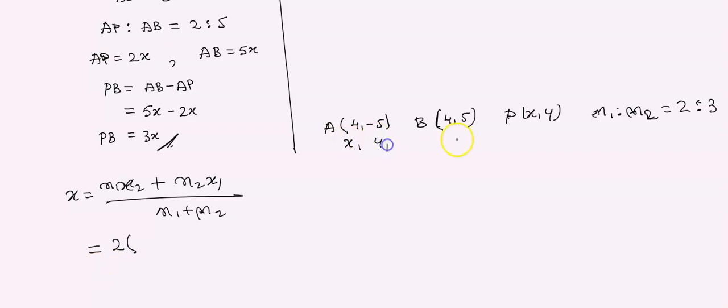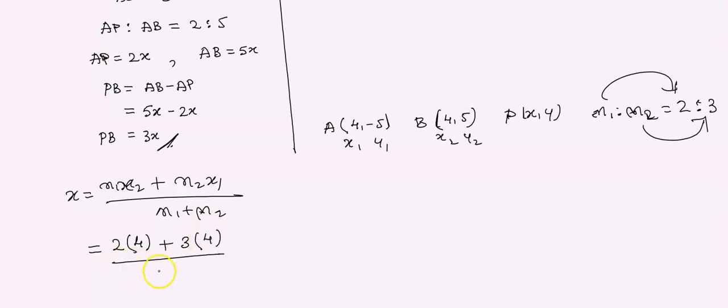Observe here. This is x1, y1 and x2, y2. Now this is m1 and this is m2. m1 into x2, x2 is 4, plus m2, which is 3, into x1, which is 4, by m1 plus m2, that is nothing but 2 plus 3.